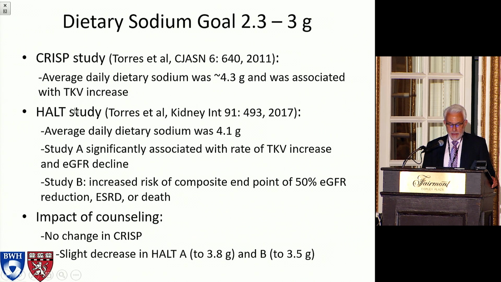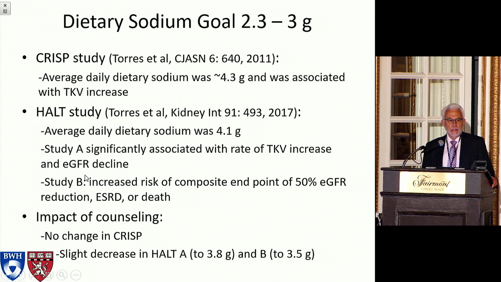In the HALT study of about 1,200 individuals, the average daily sodium intake was about 4.1 grams. In study A, where we measured kidney volume with MRI, increased dietary sodium intake was associated with faster increase in total kidney volume and faster decline in eGFR.